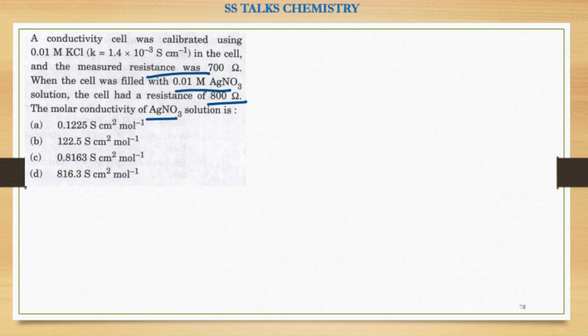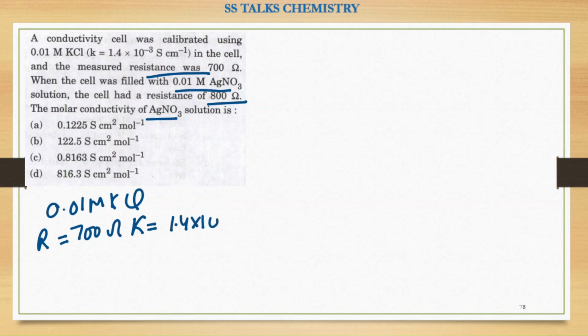So when you are having the 0.01 molar KCl solution, at that point the resistance we are having is 700 ohms, right? And we are having the conductivity value as 1.4 into 10 raised to the power of minus 3 Siemens per centimeter. So using this, we can find the cell constant in which this experiment is being performed.